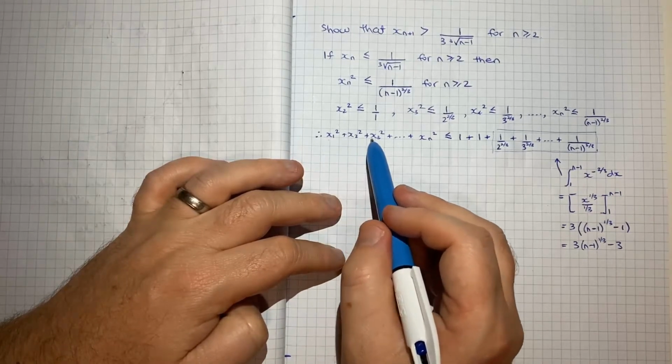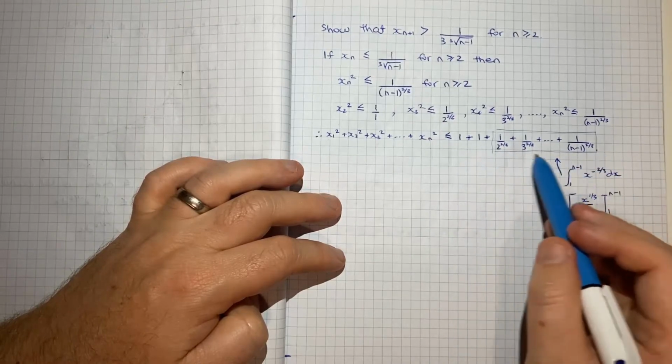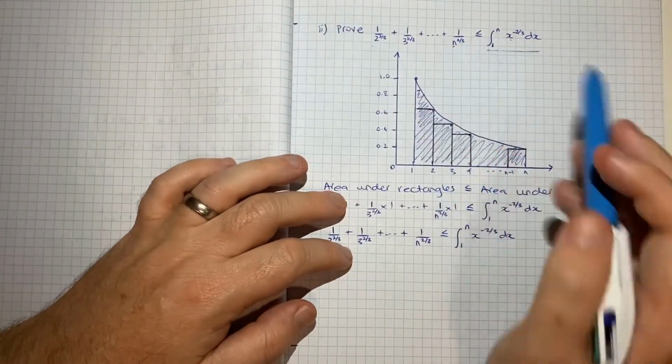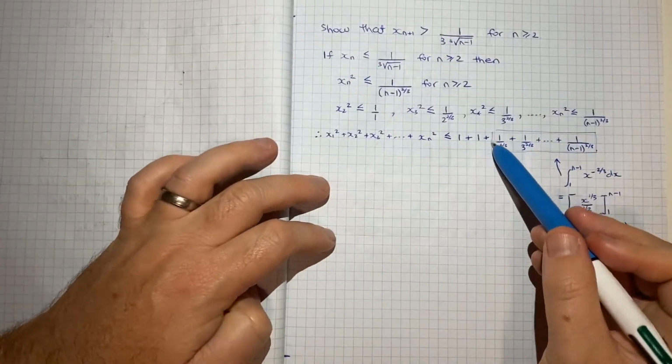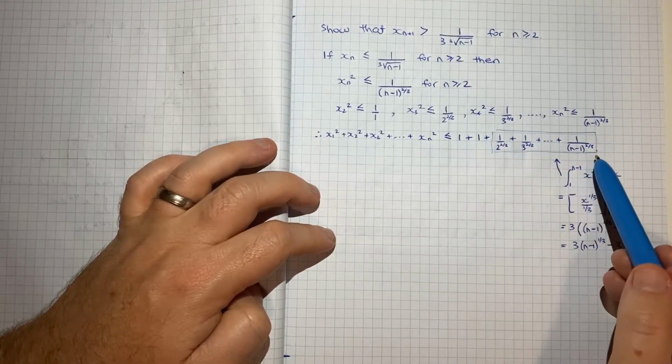So that we know if x1 squared plus x2 squared and so on is less than or equal to 1 plus 1 plus this, and if this is less than or equal to the integral, then if we insert the result of this integral in, the inequality will still stand.